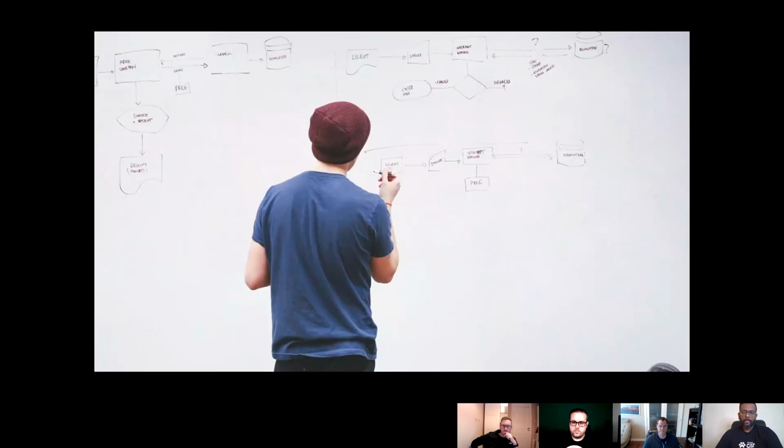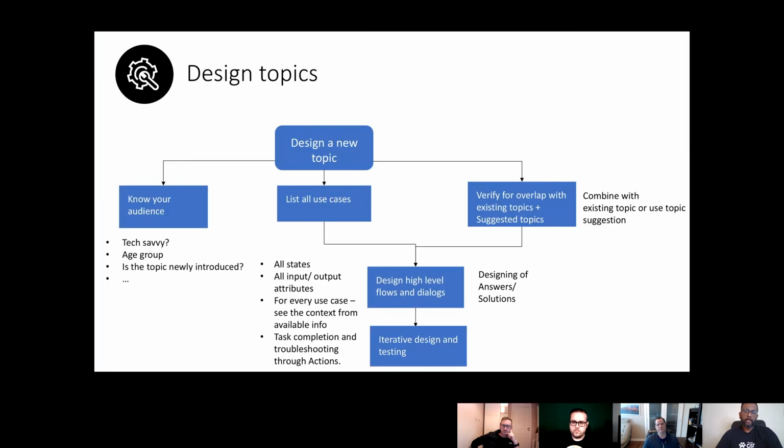And jumping into the capabilities per se, we talk about capabilities in the context of the process itself, right? The first step is designing the topics. I would split it into three big buckets. One is knowing your audience, right? Who are you actually building the bot for? What is your audience like?